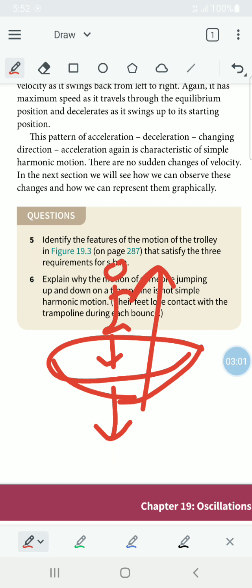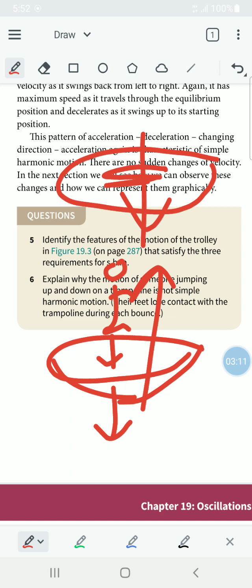Now there is a problem. What is the problem here? When this person is in contact with the trampoline, his legs are pushing it downwards, and the restoring force is given by the trampoline.